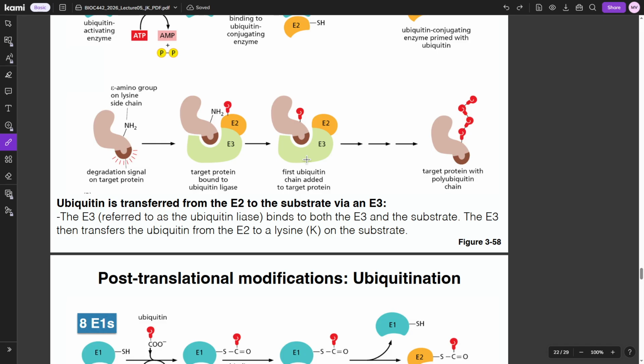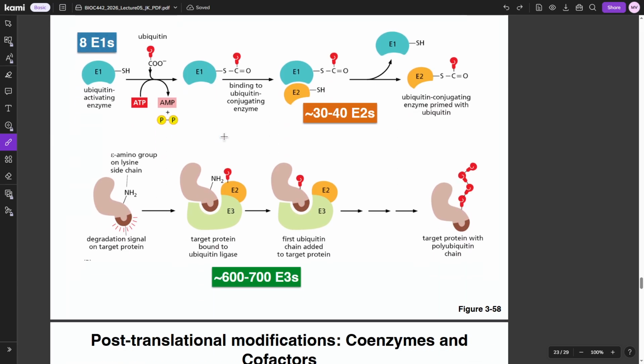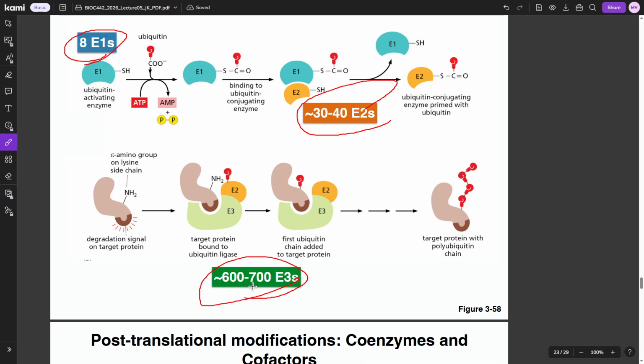You've already seen this before, so I'm not going to talk about it too much. The one thing to keep in mind, which I talked about in my 441 video, is that there are very few E1s, a decent amount of E2s, but so many E3s. I made it clear why there are so many more E3s: they are protein specific.